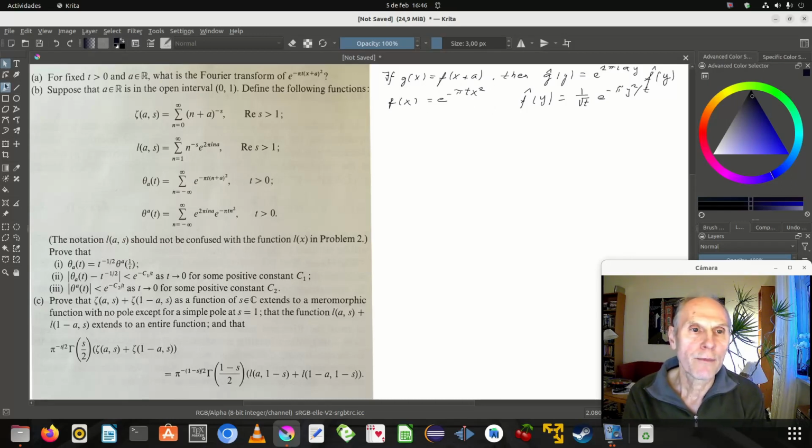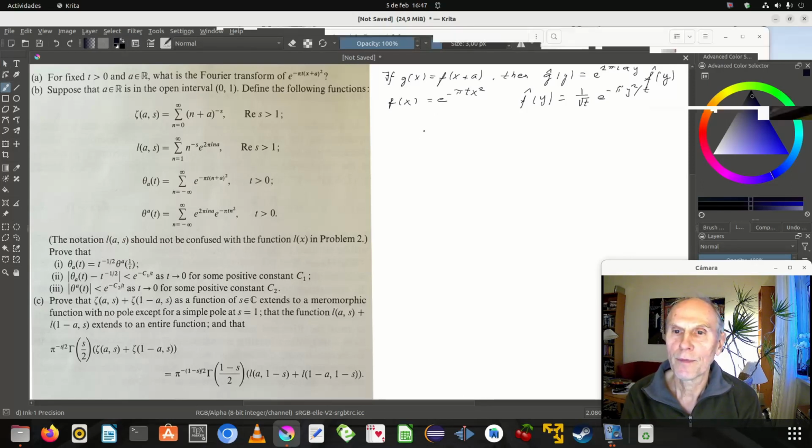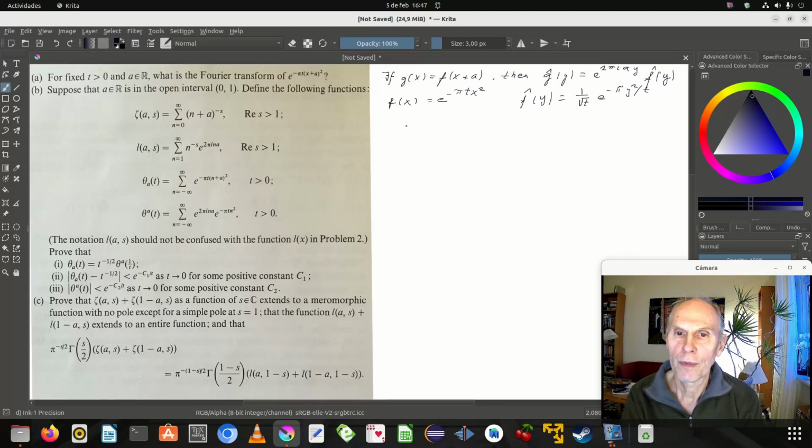All right. So I believe it was just a question of applying the formula. The one given in the text is just g of x. So I just apply the formula.